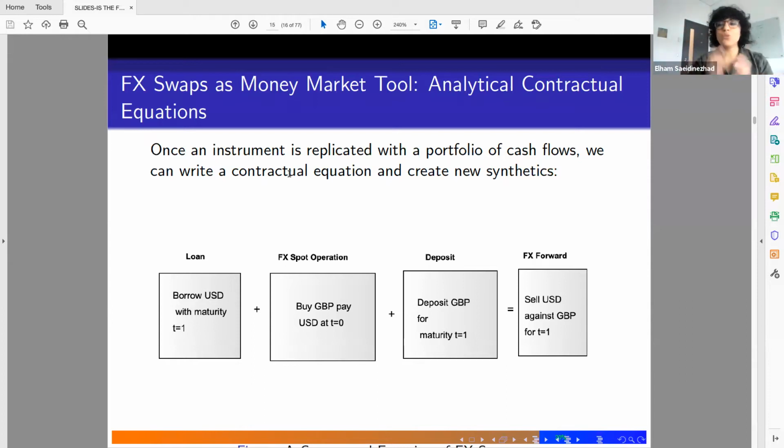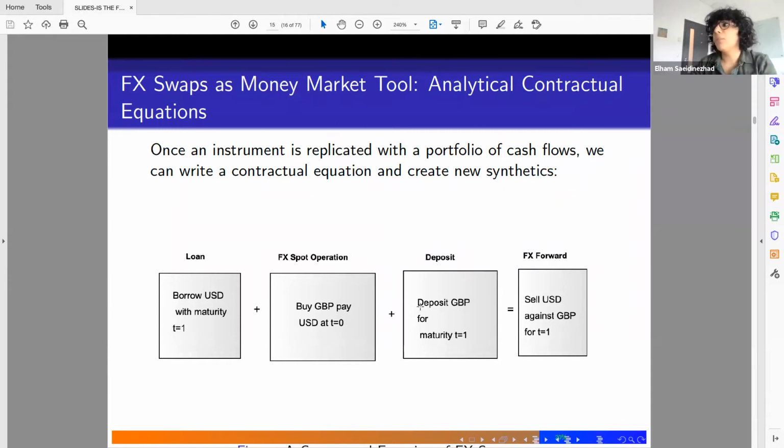I just want to rewind that. So we are still sticking to the previous assumption that this bank already has this pound deposit, and all it wants to do is raise dollar funding. That's where this deposit in this equation is coming from.